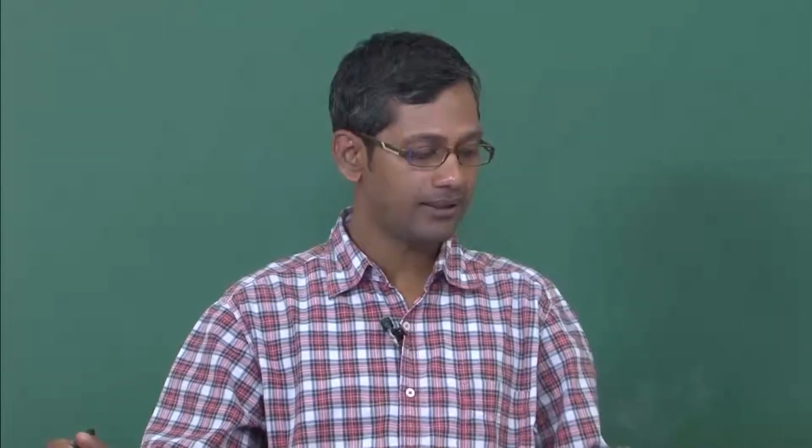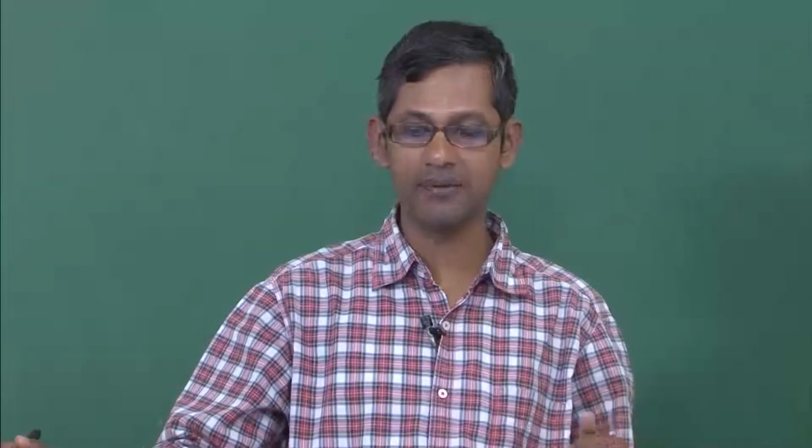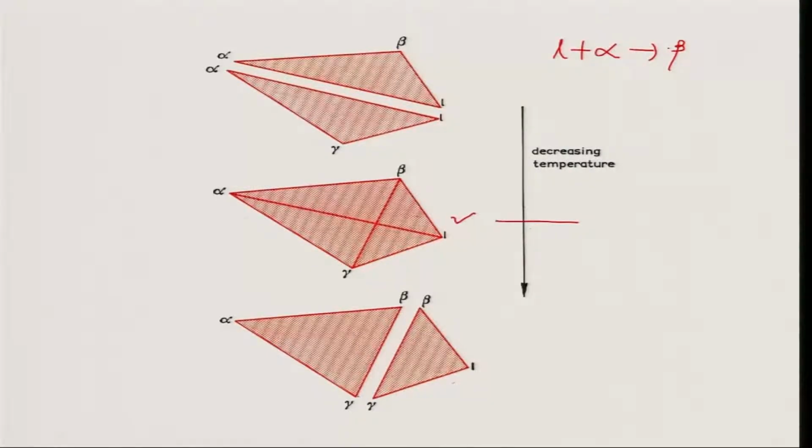In the space model I will show that. At this temperature, the ternary quasi-peritectic plane, which has a fixed temperature, this liquid and alpha will react and it will deposit beta plus gamma, correct.